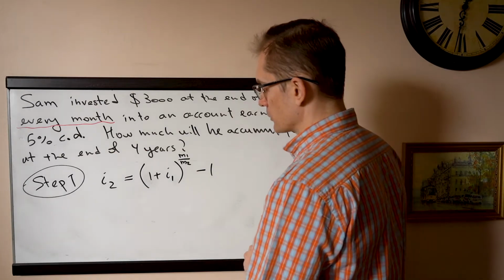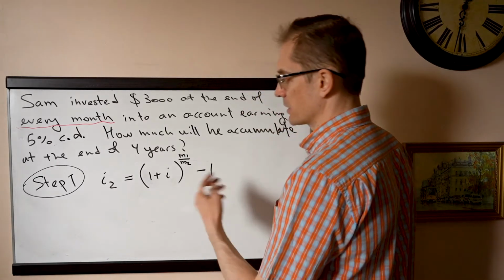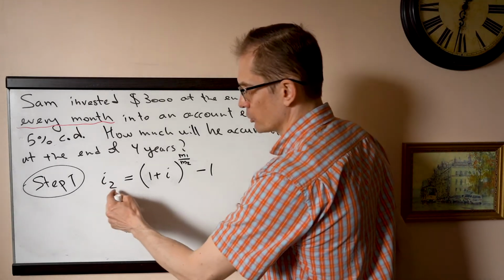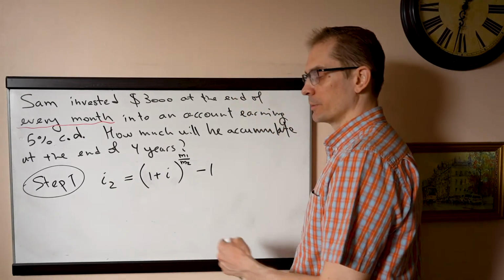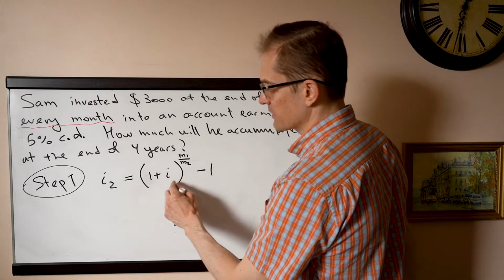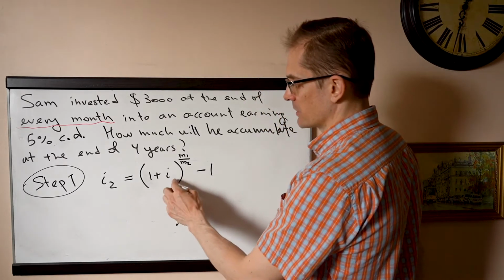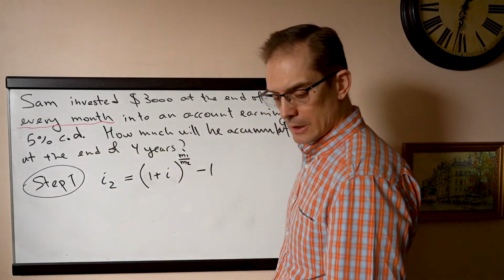Sometimes this subscript 1 is not written; we do write I2 as our second rate, which will be equivalent, but the subscript 1 is sometimes omitted because it implies that's the first rate, which is given here.